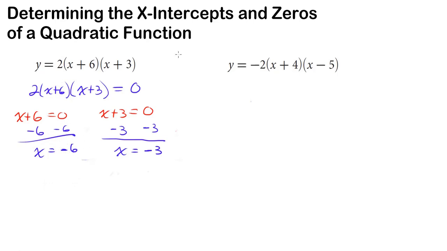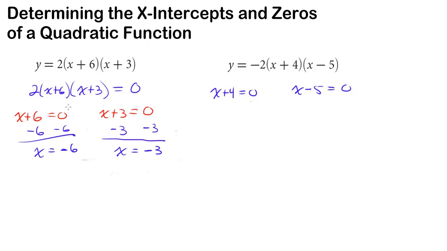So that is a quick little trick that you can use to actually get to the x-intercept of the 0 even faster if you pay attention to the fact that they are opposites. So if I look here at this second example, I have y = -2(x + 4)(x - 5). And I could kind of skip this step if I understand what's going on. I know that I'm going to end up with the equations x + 4 = 0 and x - 5 = 0.